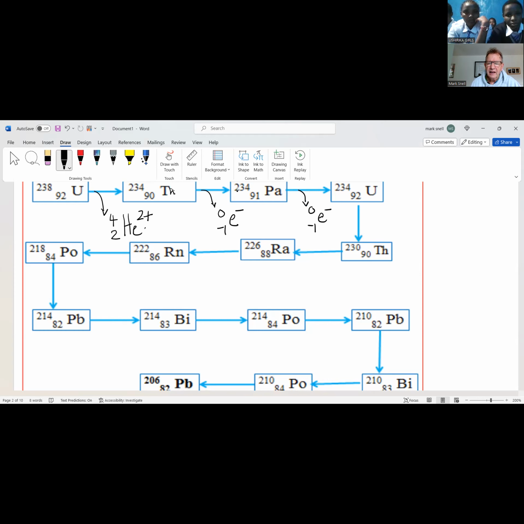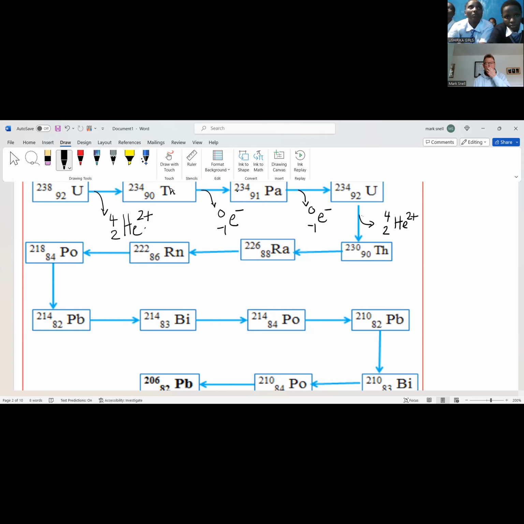In this one, going down to thorium again, it's going to lose a 4, and then 92 down to 90 is 2. So that's another alpha particle.